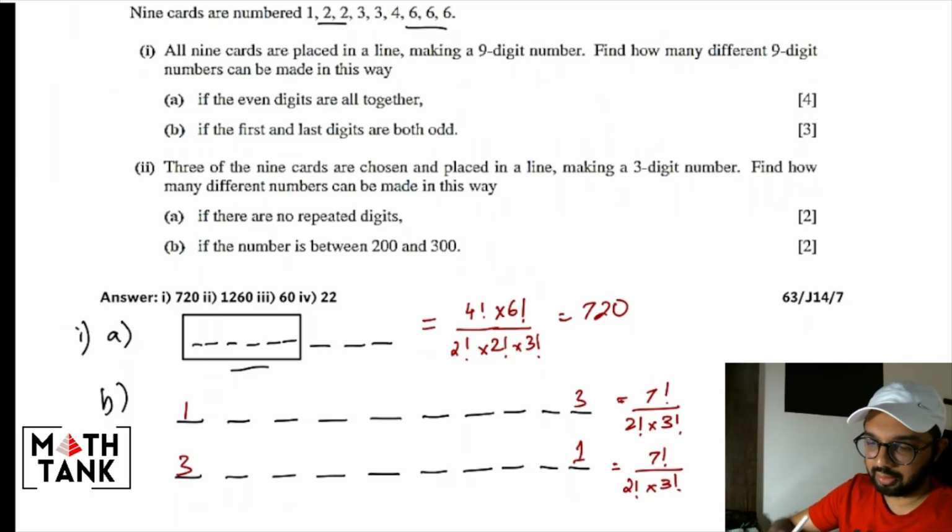So I get 7 factorial over 2 into 6 into 2. I seem to have made a mistake somewhere.